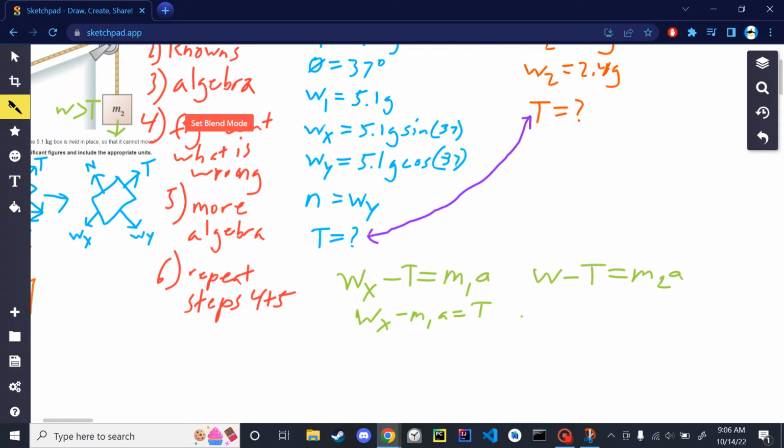So we get W minus Wx minus m1a equals m2a. So W minus Wx plus m1a is equal to m2a.